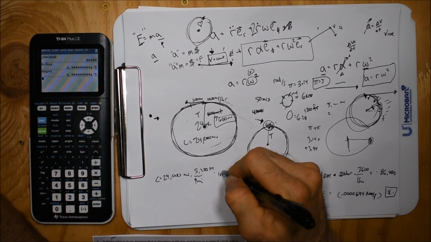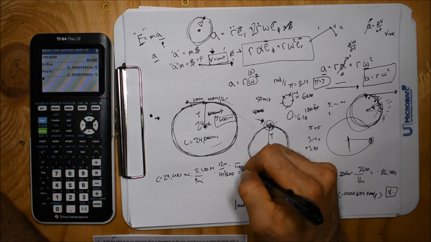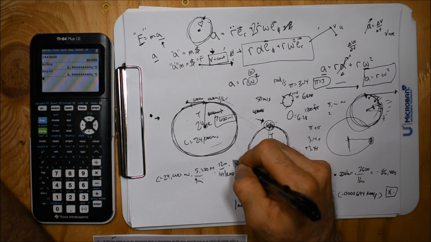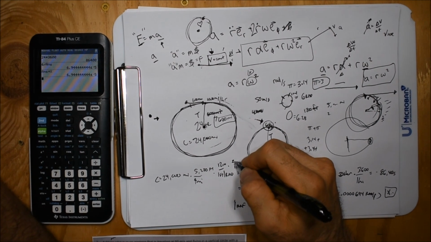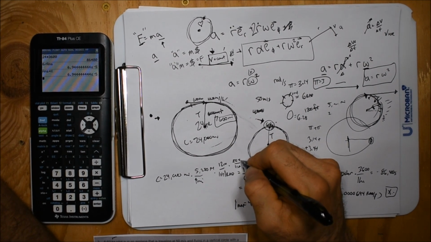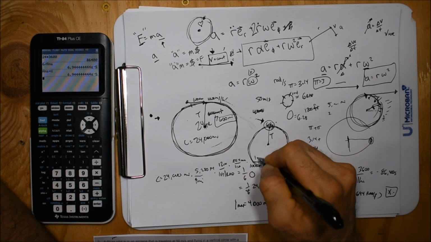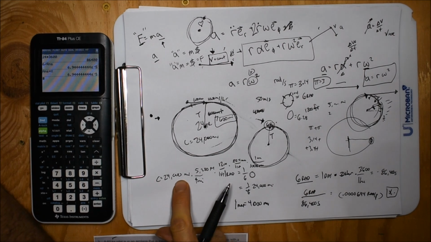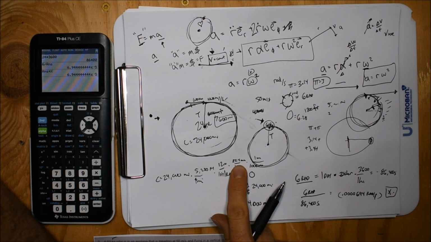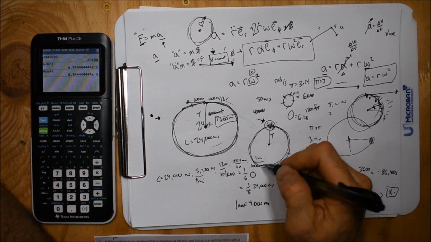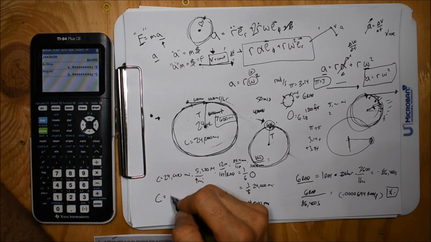And then 1 foot is 12 inches, and 1 inch is 25.4 millimeters, and 1,000 millimeters is 1 meter. So we go 24,000 times 5,280 times 12 times 25.4 divided by 1,000, and we'll get meters.